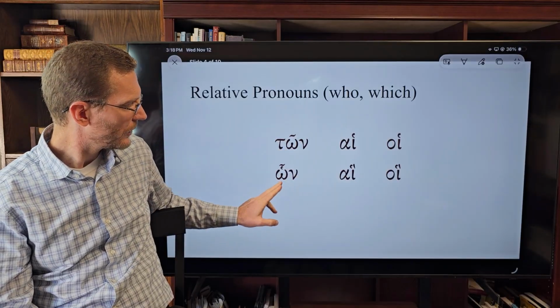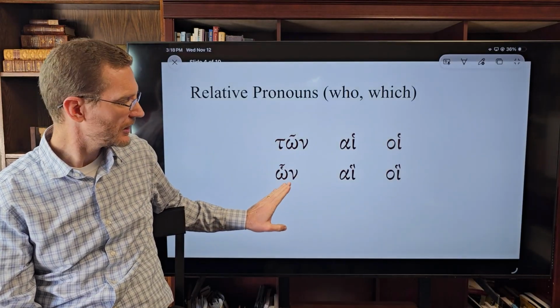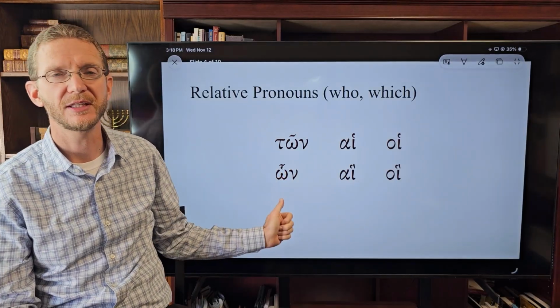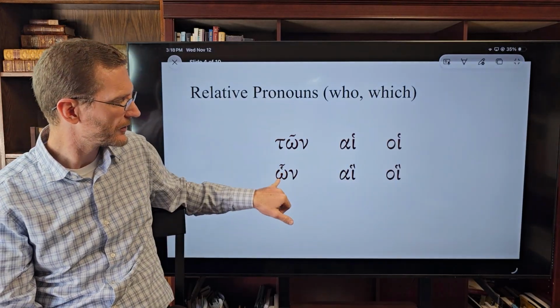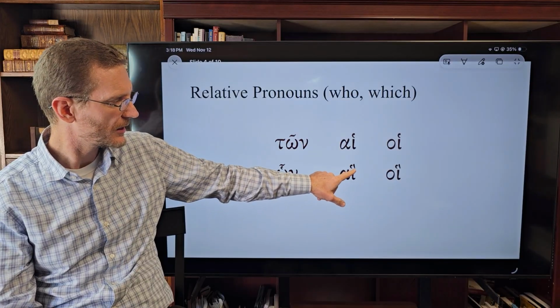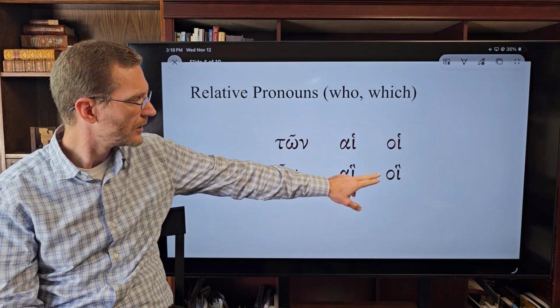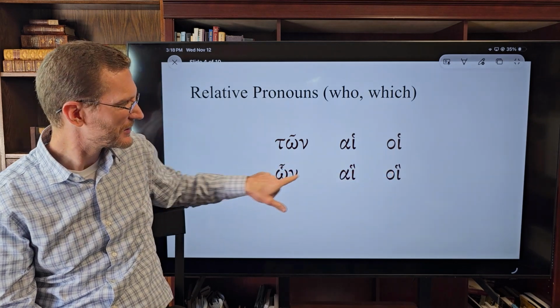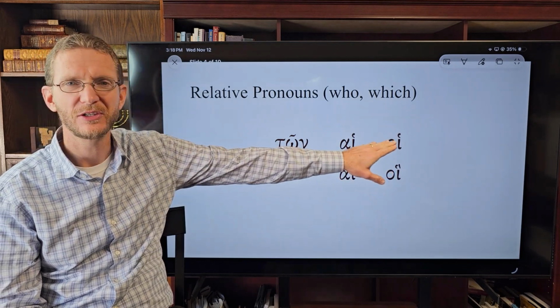What about down here? Hōn. Now you see here that this one has the rough breathing mark, plus it has the extra accent mark. So this is a relative pronoun. What about this one? Hai. Yes, rough breathing mark, extra accent. Hoi, rough breathing mark, extra accent. See, so these are all relative pronouns down here. These are all definite articles up here.